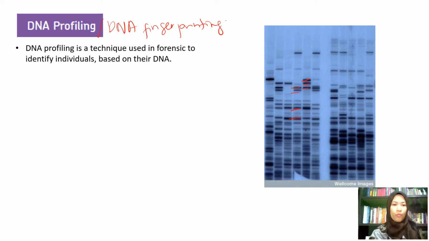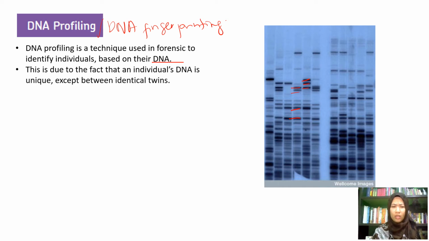So DNA profiling is a technique used in forensic to identify individuals. So nak kesan suspek, pastinya kena cari juga bahan bukti. Ini yang paling tepat untuk tentukan siapa penjenayah, terutama apabila melibatkan pembunuhan. Okay, so based on their DNA. Why?